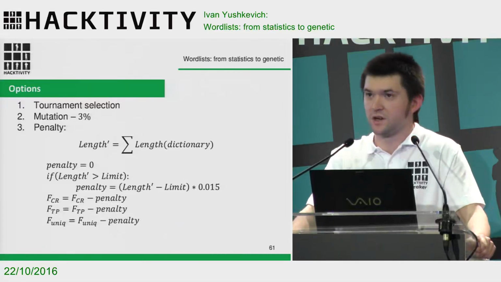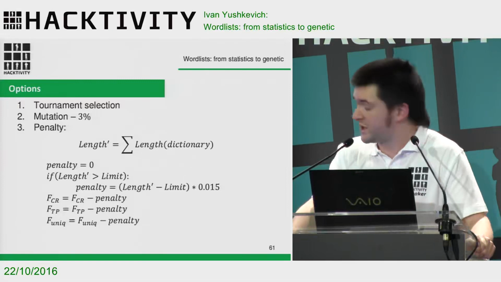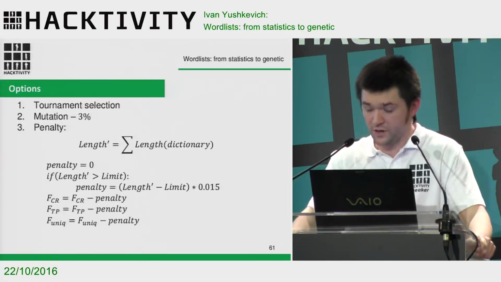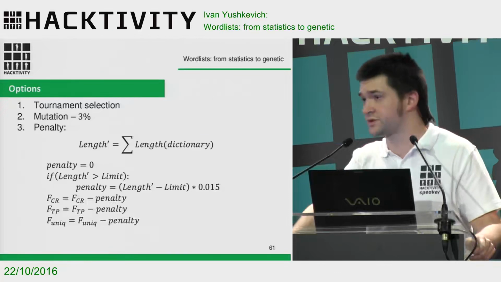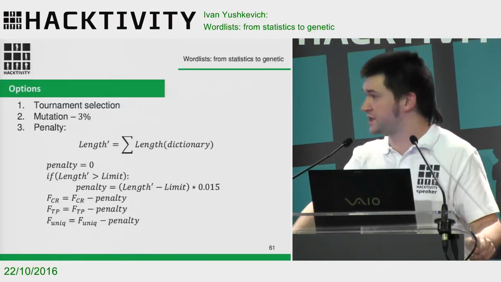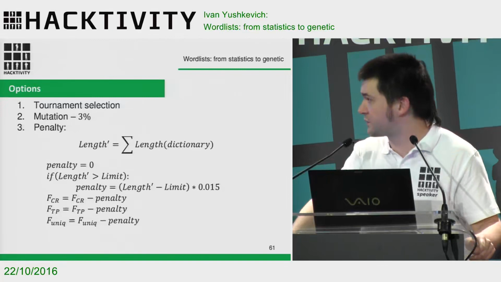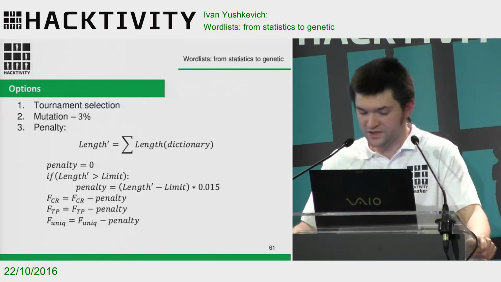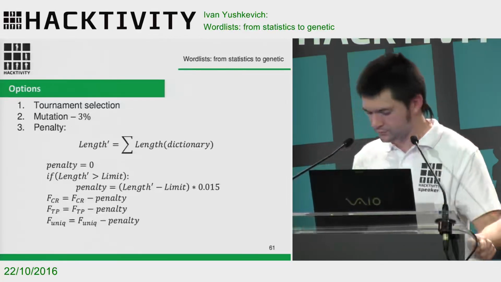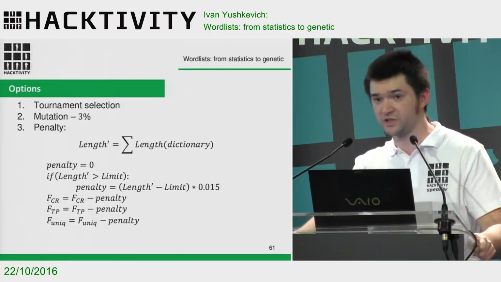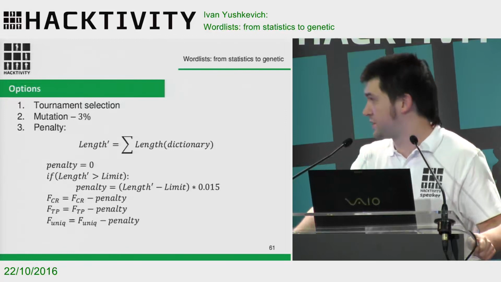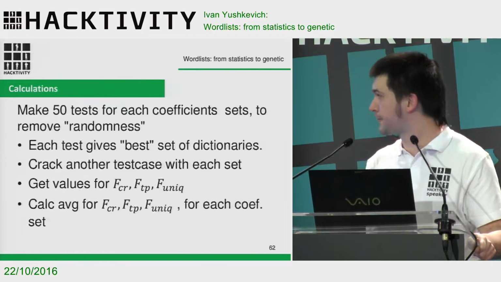That's why I chose a penalty that relies on the count of passwords. It's rather simple. There was also some border value. After that, the penalty is calculated and subtracted from each fitness value. So the population must bring me a dictionary as small as possible and with the best fitness values.